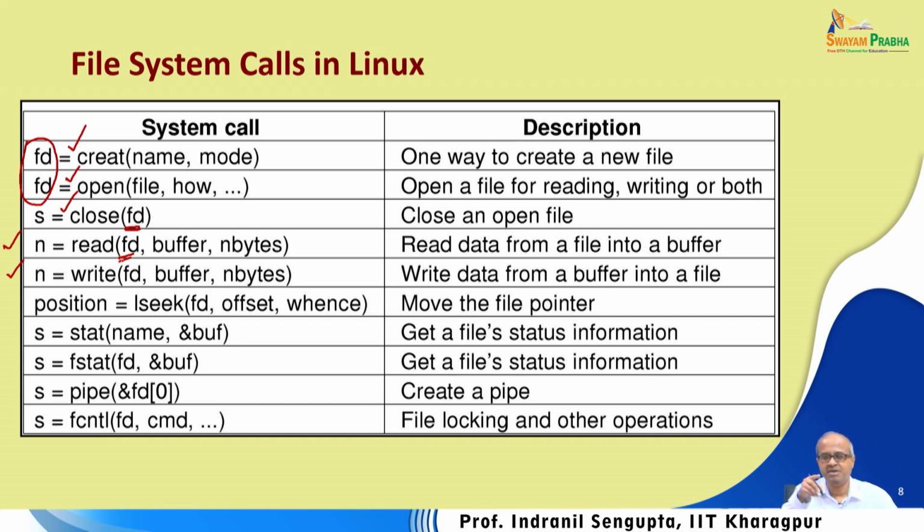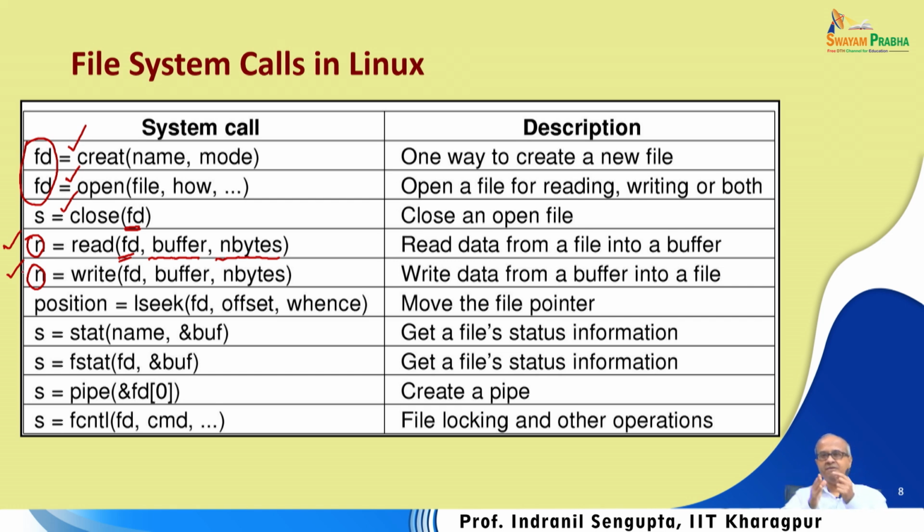That means you create an array or a block of data, and you specify a pointer, the address of a memory location, and how many bytes you want to transfer. These are low level read and write calls, not scanf or printf that you use in C. Similarly for write, and it returns the actual number of bytes that were read or written.